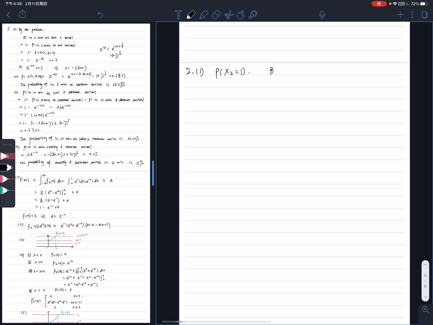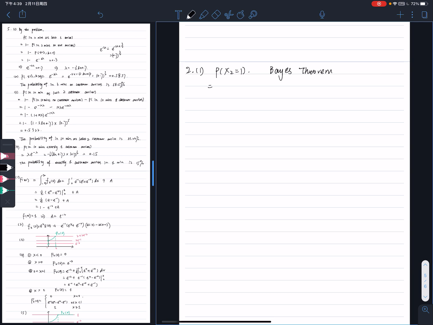So from the Bayes theorem, it is easy to know that this is equal to P(x1 equals 0) times the conditional probability of x2 equals 1 on the condition of x1 equals 0, plus P(x1 equals 1) times the probability of x2 equals 1 on the condition of x1 equals 1.